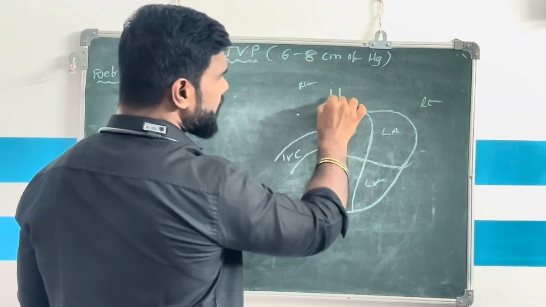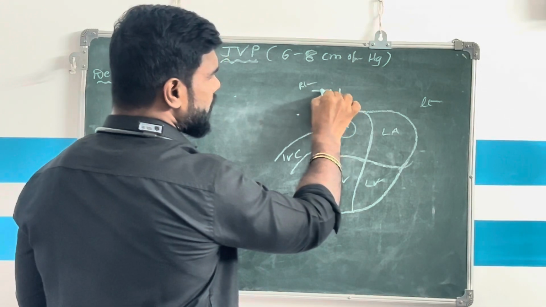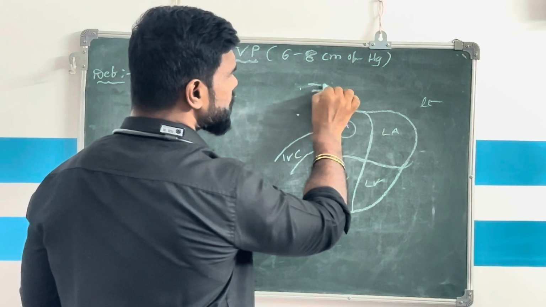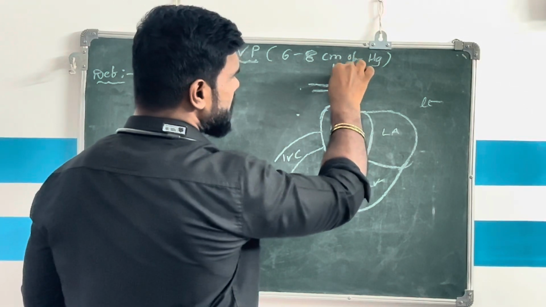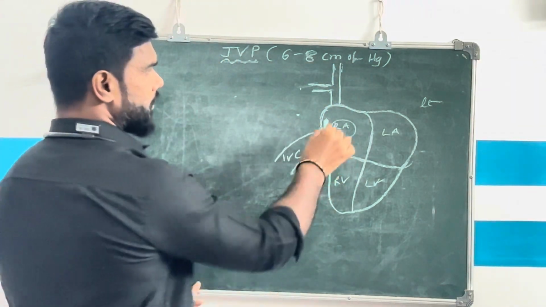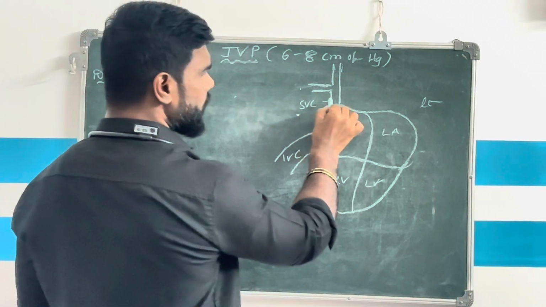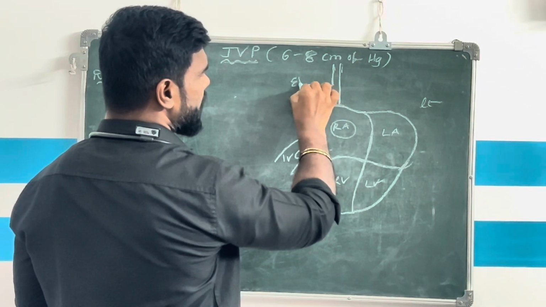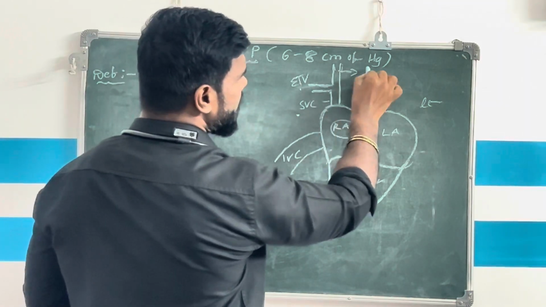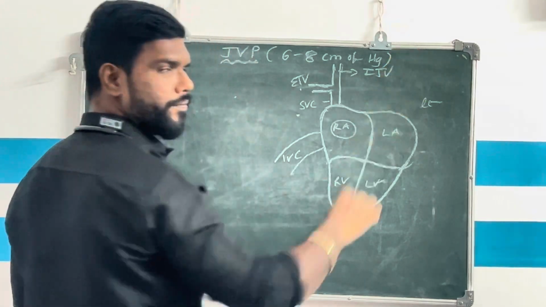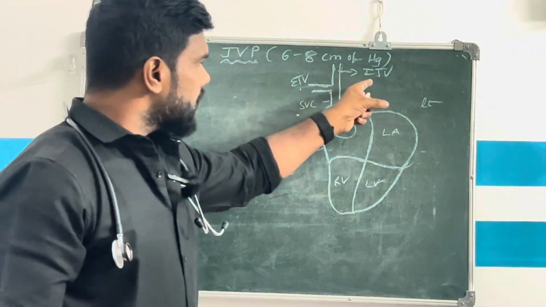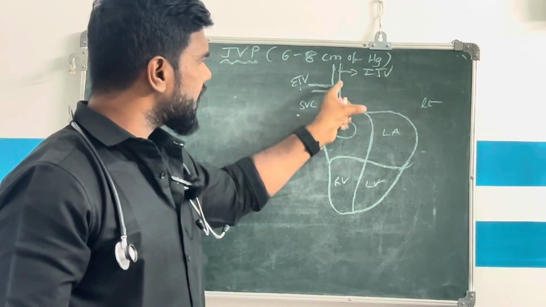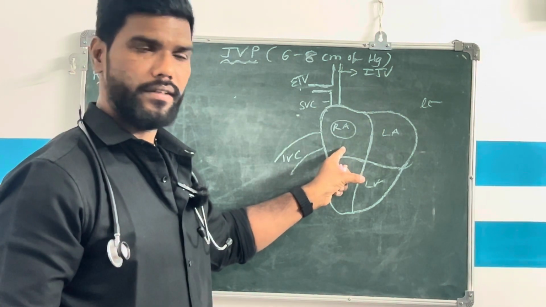This superior vena cava is formed by the combination of the external jugular vein and the internal jugular vein. The internal jugular vein directly connects to the right atria, right?